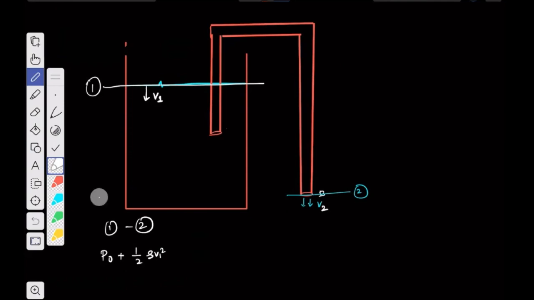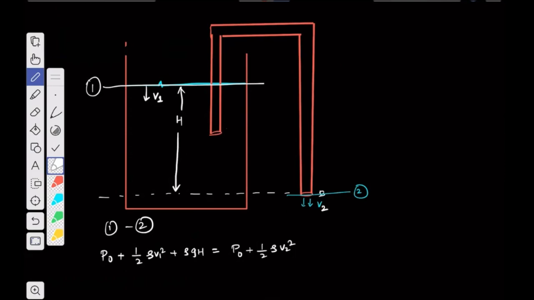And suppose the position where I have the cross section B is taken as the reference, then this will be the height h. So it's going to have rho g h. And next, for the opening B, it is also exposed to the atmosphere, so P naught, coming out with speed V2, so half rho V2 square, and there itself we have considered the reference point, so the height will be taken as 0.